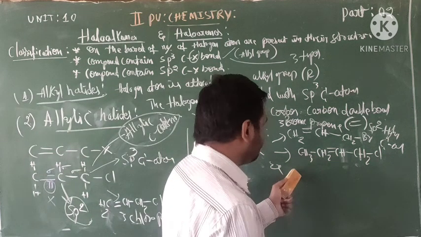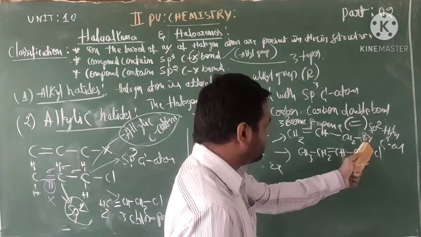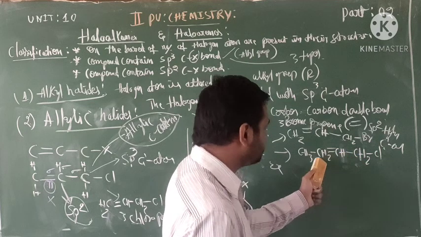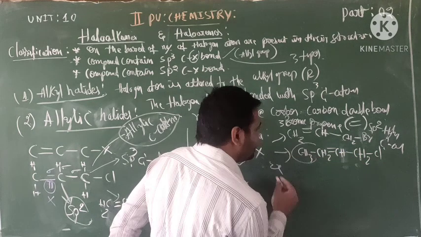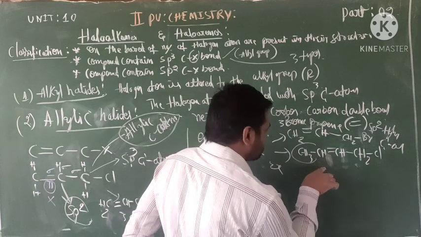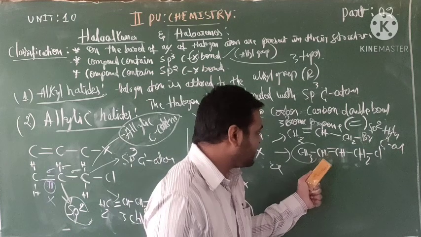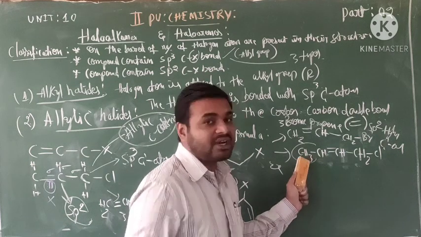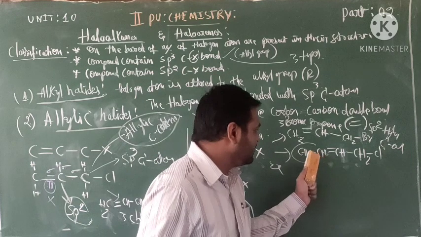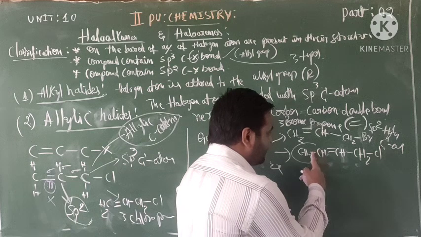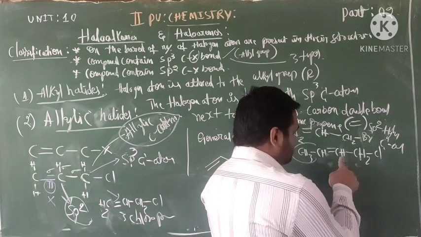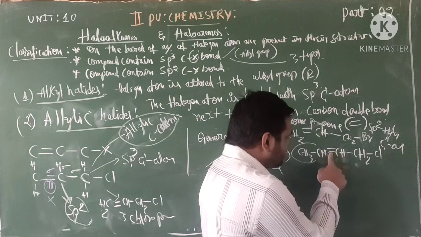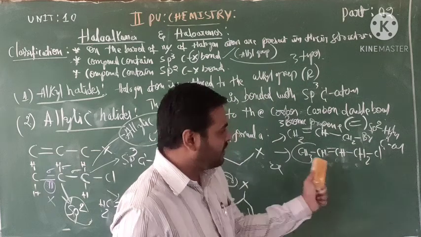So this is also the same kind of example, chlorine with CH2, double bond, attached to one more alkyl group. So the alkyl group is present, this is having the CH3. Now count the carbons: 1, 2, 3, 4. All are balanced.